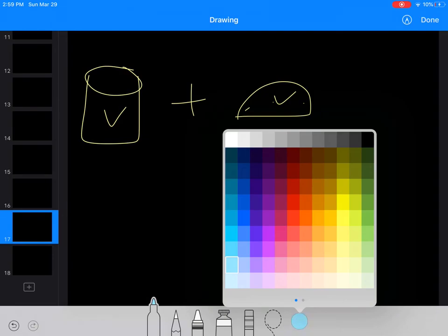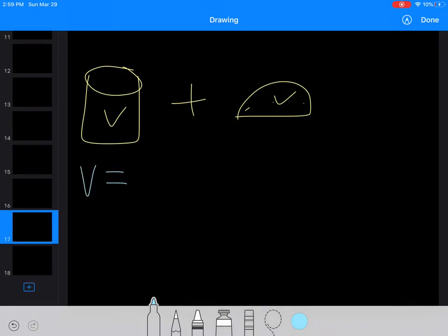And remember, the formula for the volume of a cylinder was capital B times H, plus the hemisphere is 2/3 pi r cubed. Now it's 2/3 because we know the sphere is 4/3. We take half of 4/3, and that's going to be 2/3.